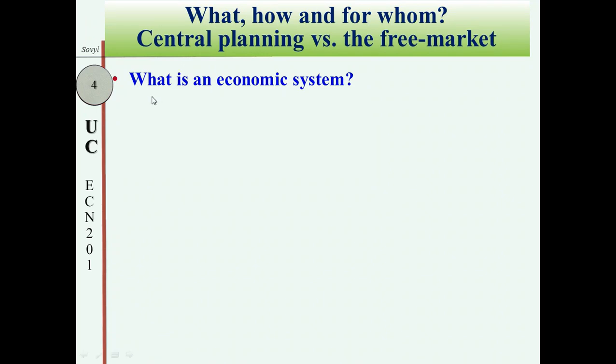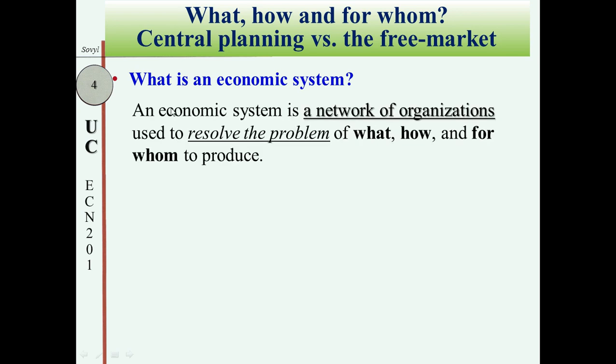Okay. The next point. What is an economic system? Economic system is a network of organizations used to resolve the problem of what, how, for whom to produce.